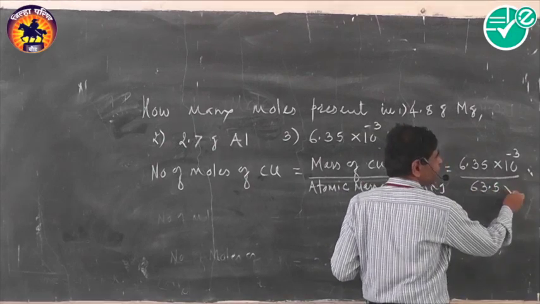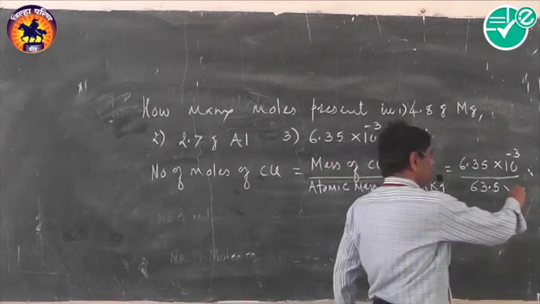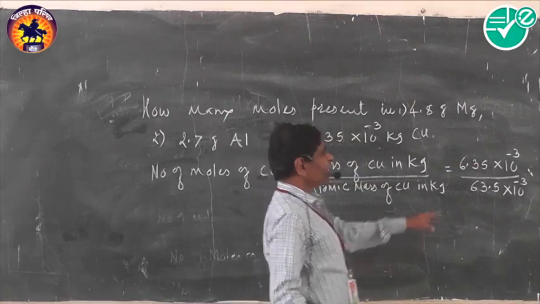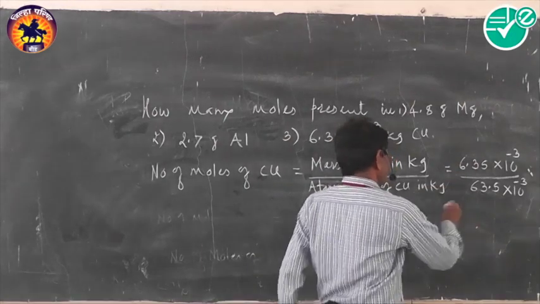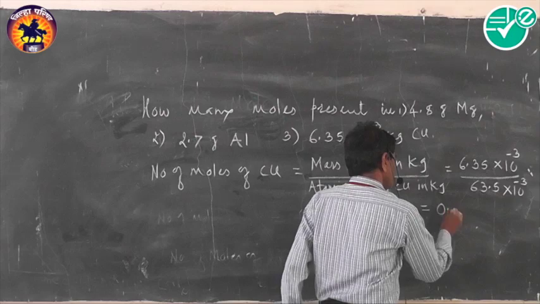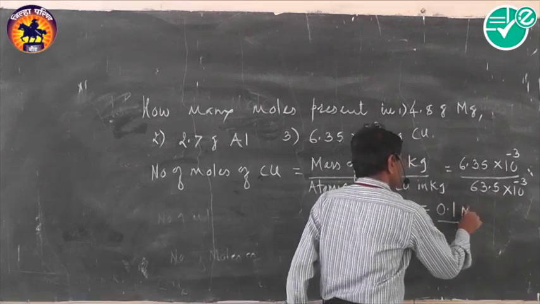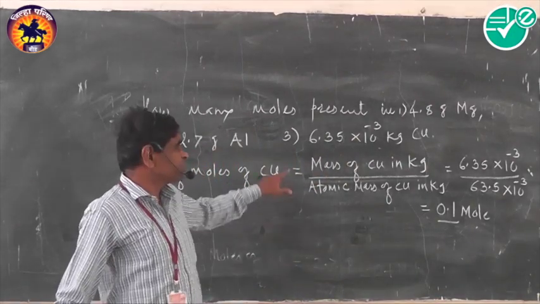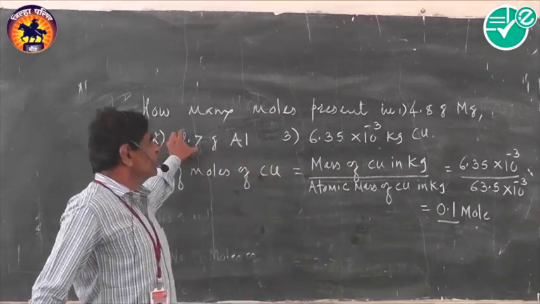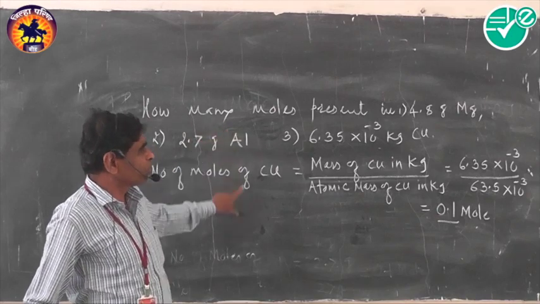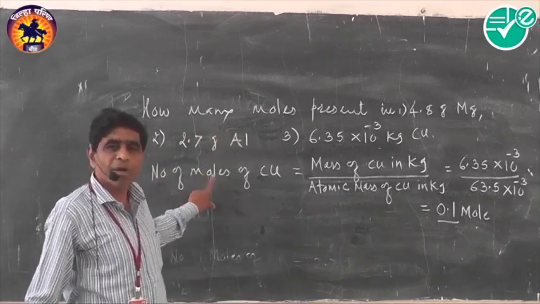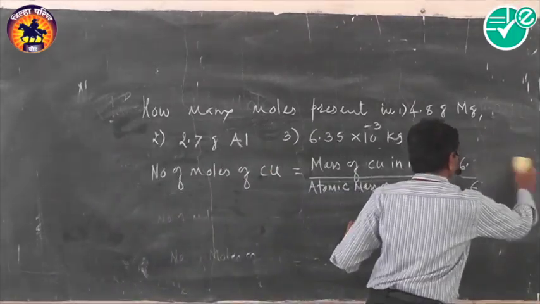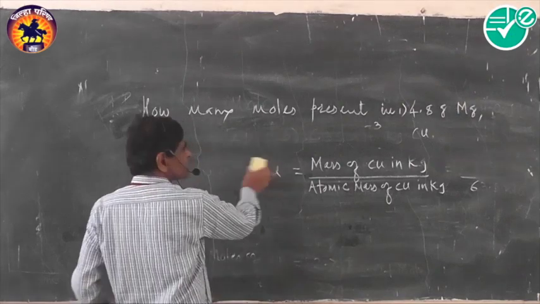Now convert this gram into kilogram by multiplying by 10 raised to minus 3, and thus 6.35 upon 63.5 is equal to 0.1 mole. And thus remember, for an element which exists as an atom, from its mass either in terms of gram or kilogram, you can calculate the number of moles of such element. So this is the first concept of mole.